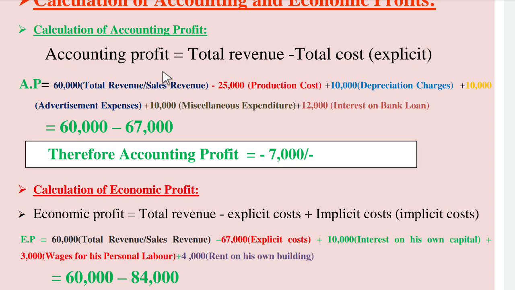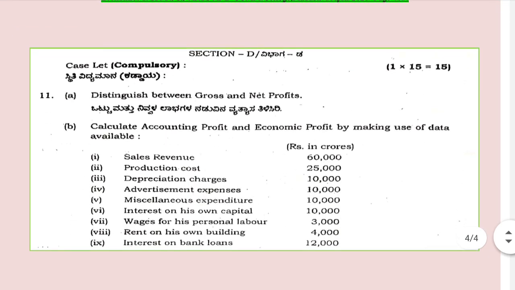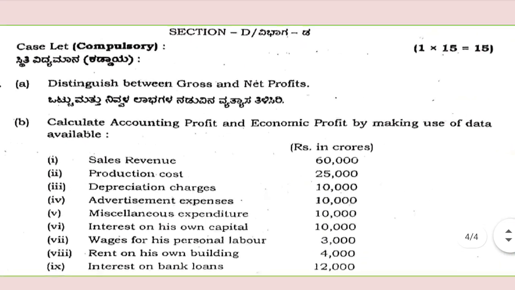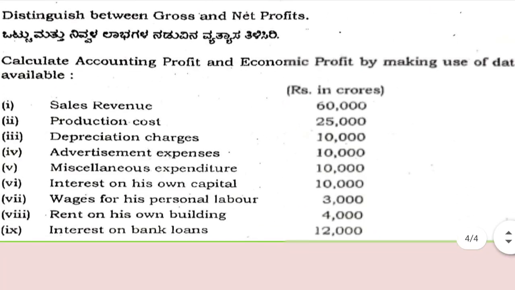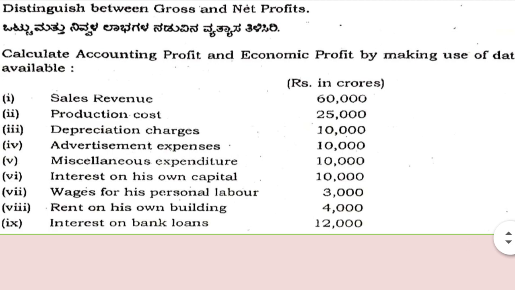So friends, I go to the question paper. Here is the question paper. Let us check once again carefully. See here, sales revenue is 60,000. Got it? It comes under sales revenue or total revenue.